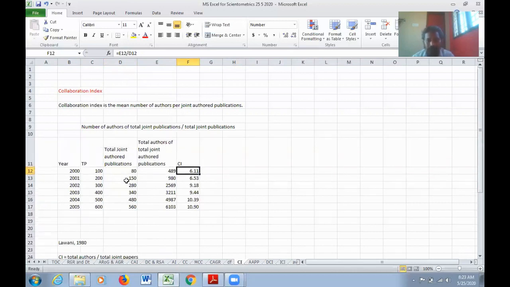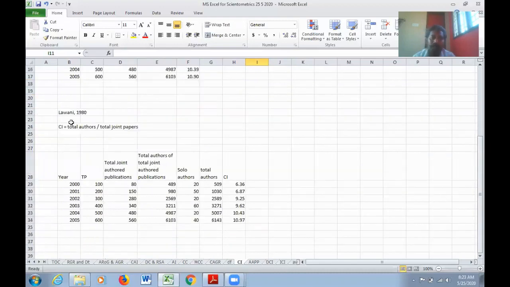If there are 80 joint author publications, these 80 papers were contributed by 489 authors, divided by D12, the number of joint author publications. So what is the collaboration index? 6.11. But I was able to see another formula for collaboration index given by Lavani.